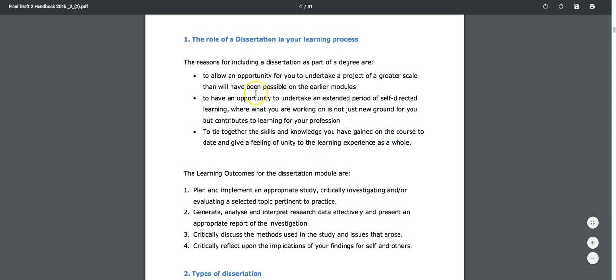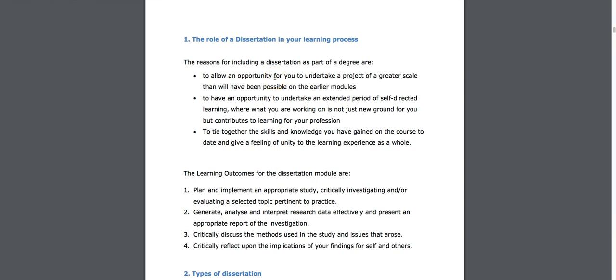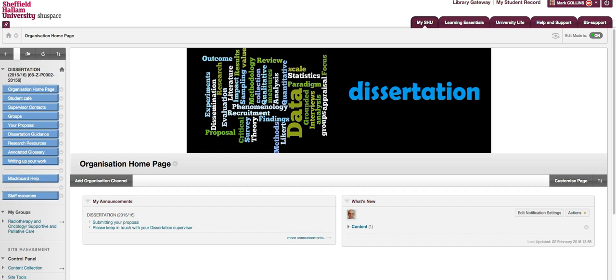The reason that we're doing this is to allow an opportunity for you to undertake a project of greater scale than you may have done in the past, an opportunity to undertake some extended period of self-directed learning, where you're learning new things and covering new ground, and then to tie it all together by writing it up in the form of a thesis at the end. So let's go back to the organization site.